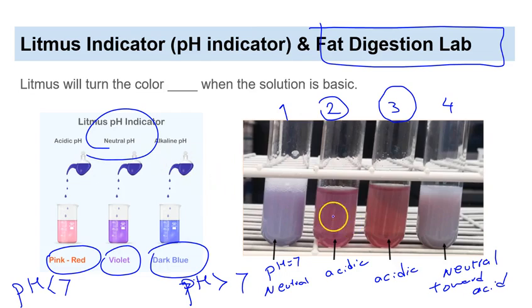So if you want to compare these and guess which one has digested fat, we can say this test tube number 3 has more digested fat than this one.